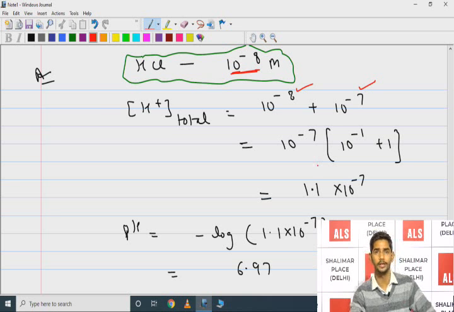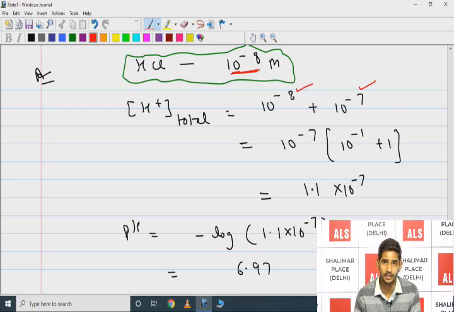I hope I have told you that H2O on dissociation gives you H plus ions and OH minus ions, and the concentration of both is 10 to the power minus 7. So I simply add this. We cannot add these powers directly, so we take out whatever power is common. The common power was 10 to the power minus 7.